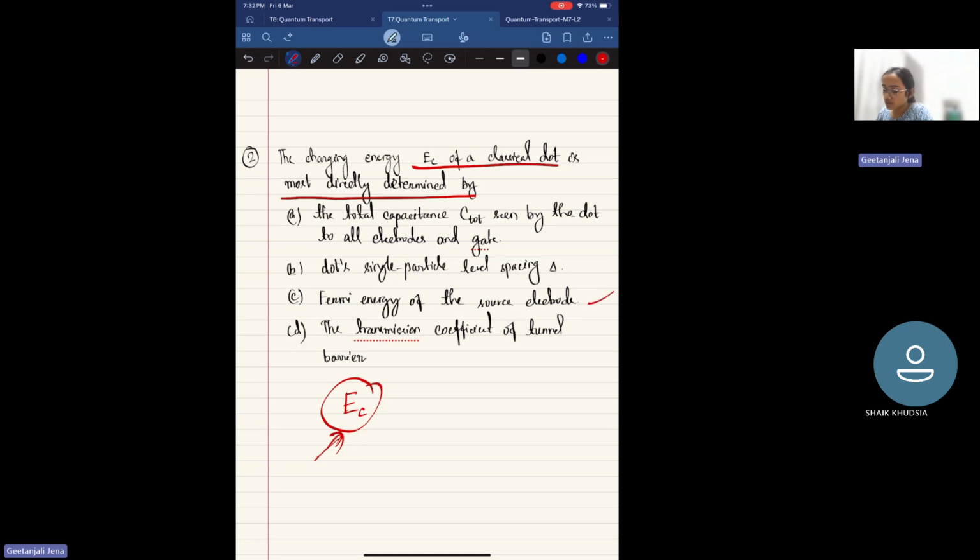Is it the Fermi energy of the electrode that gives the charging energy, or the single particle spacing in the dot, or the transmission coefficient, or the C total? Which one of these is correct to calculate the charging energy?